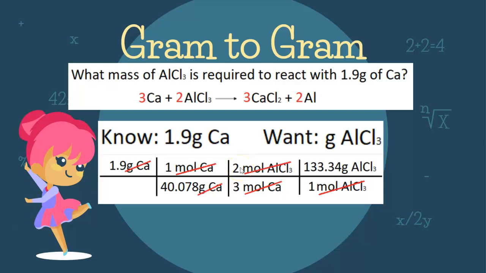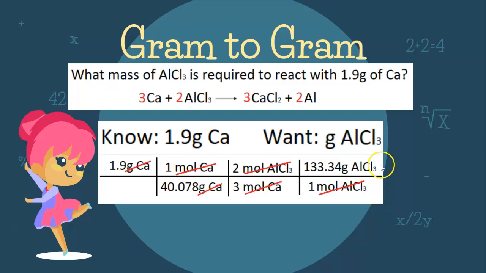But moles of AlCl3 is not what we want. We want grams. So we have to convert our moles back to grams. If we have moles of AlCl3 on top, we want moles of AlCl3 at the bottom. And to turn it into grams, we have to use that relationship, 1 mole equals molar mass again. So 1 mole of AlCl3 is equal to the molar mass of AlCl3. And if you don't know how to calculate molar mass, I do cover it in one of my previous videos. So look at the mole made simple video and I explain molar mass there.